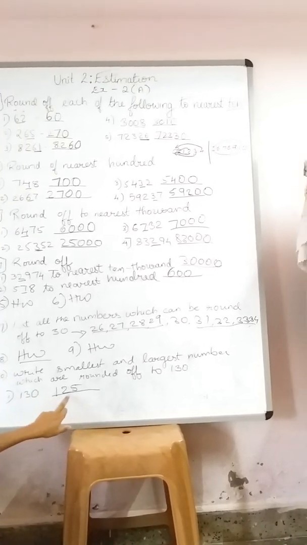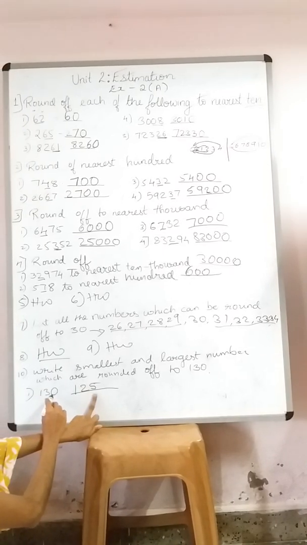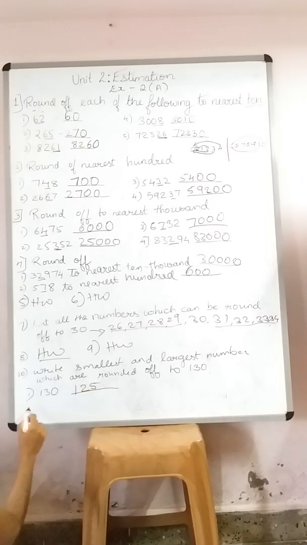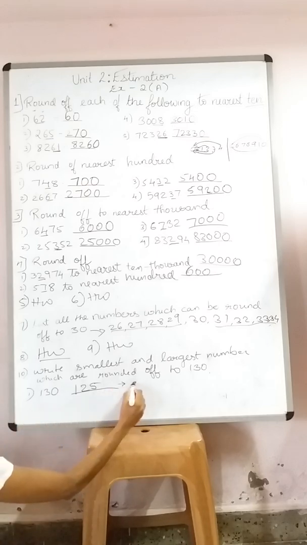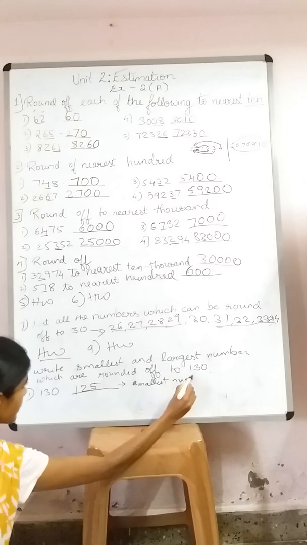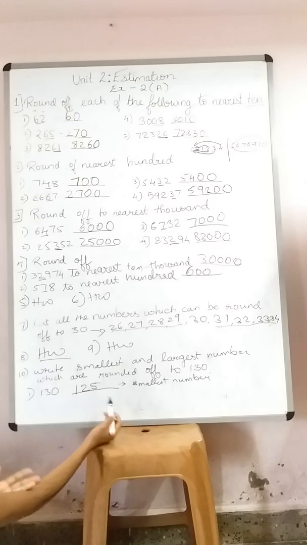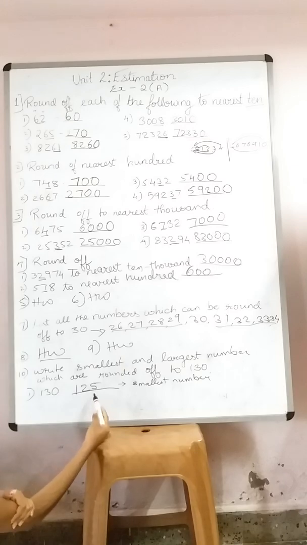So the closest number, 125, the nearest number. Now 0 to 5 you say, 125 to 130 you say. So the smallest number we can round off to 130 is 125.